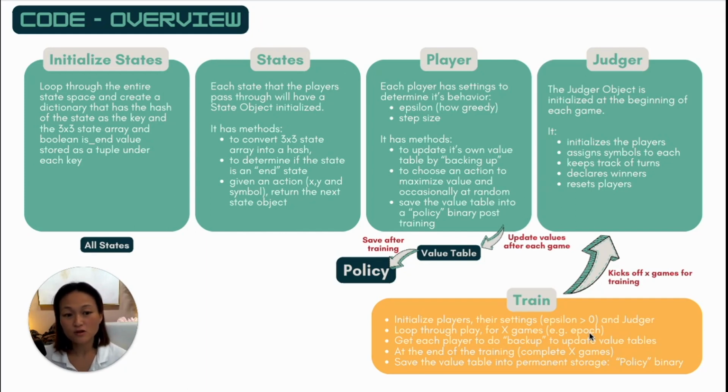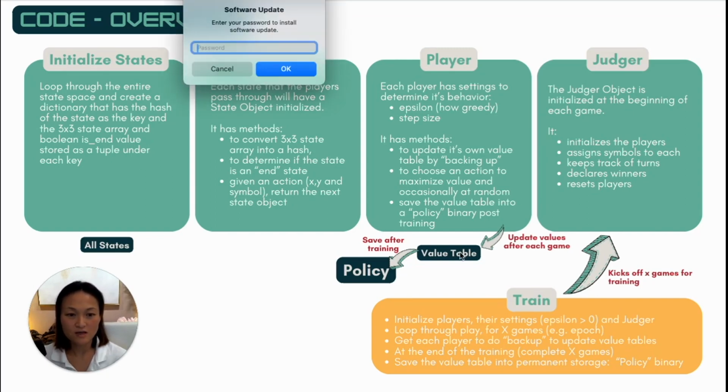So for example, during training, you want these two players to play 1,000 games, then you would have an epoch of 1,000. And so you will keep looping through, invoking the judger play method 1,000 times. And every time the game finishes, the player will do a backup to update this value table.